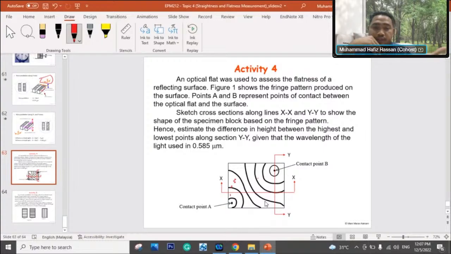In this case, you have to imagine whether the line will go to contact point A or not. So that is the tricky part.